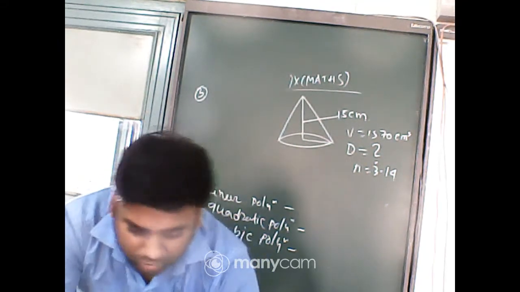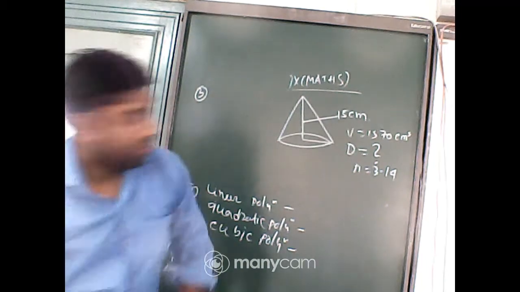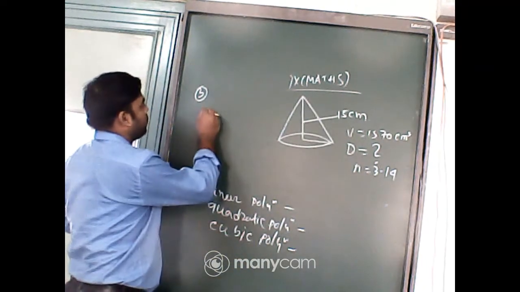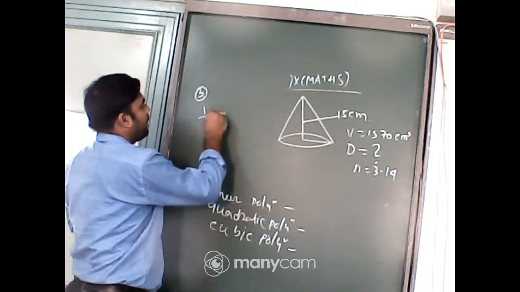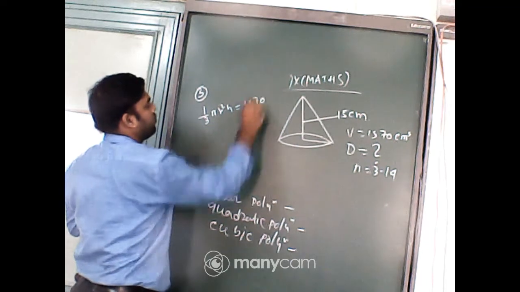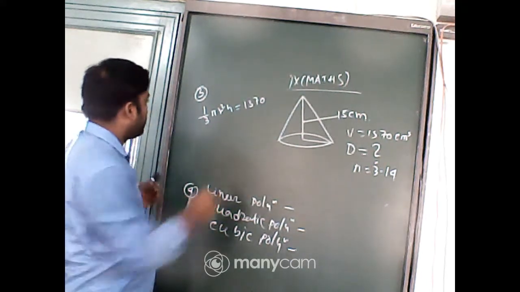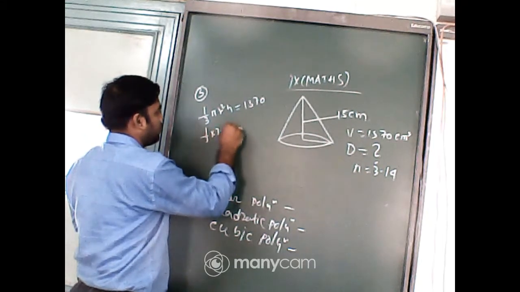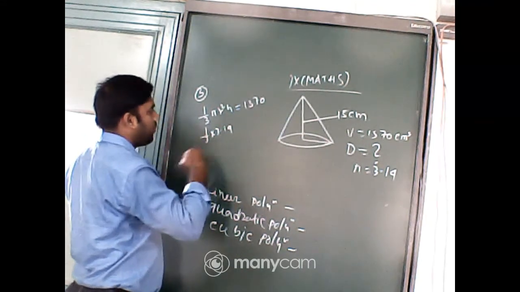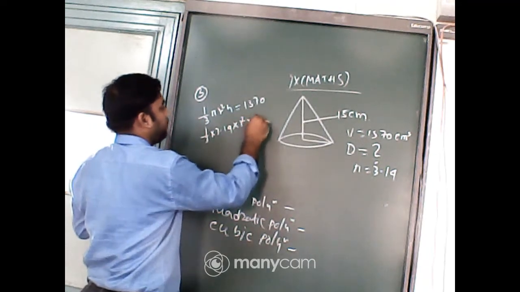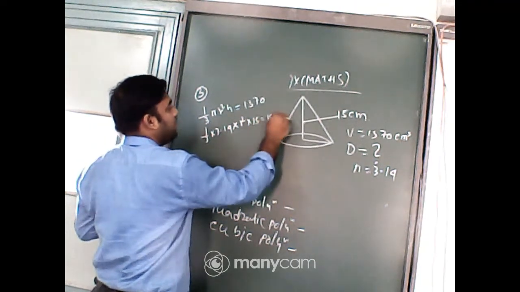Okay, now I need to solve this one. So volume, we know, equals 1/3 pi r square h equal to 1570. Now students, pi is given as 3.14, r square I don't know, and h is 15, equal to 1570.